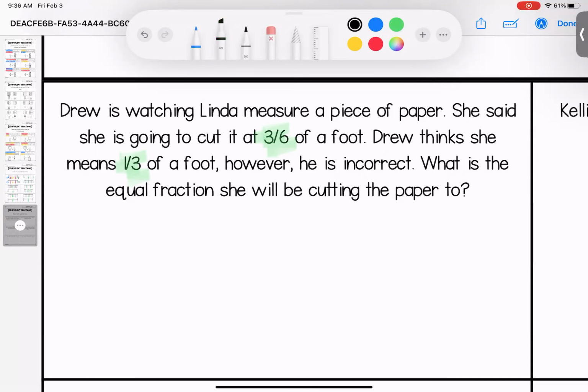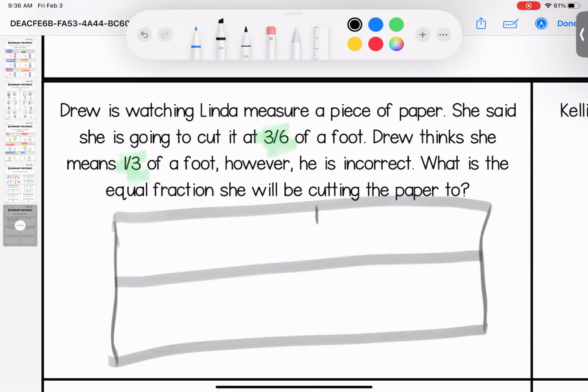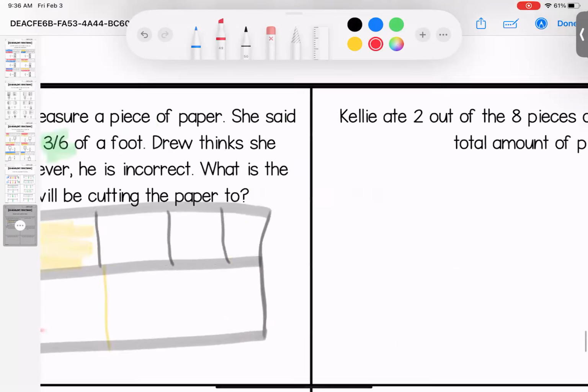For this one, I can draw myself a picture and I can cut it into 6, as best as you can with the equals, or you have your anchor chart, which has all of the fractions lined up. So if she has 3 out of 6, that would be the same as saying 1/2. 1/2 would be equal, not 1/3, 1/2.